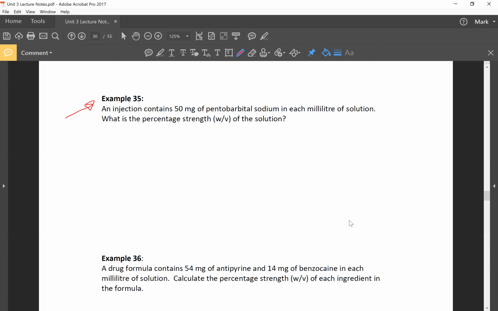First things first, I'm going to change milligrams to grams. So you guys should know how to do this by now because you did it on the test. We can change the milligrams to grams.